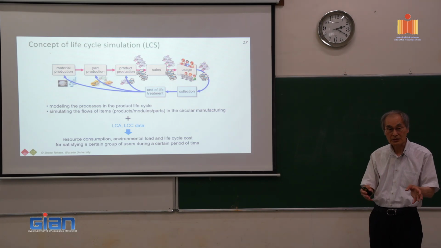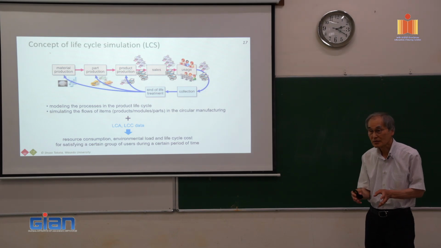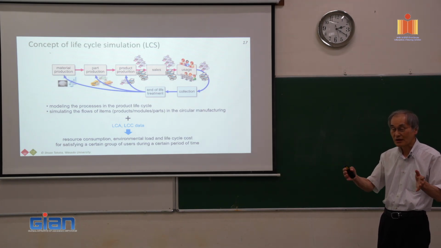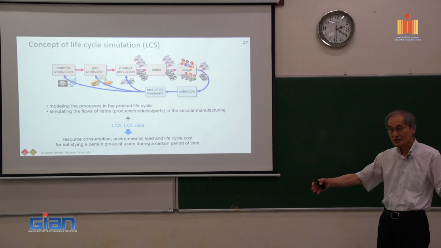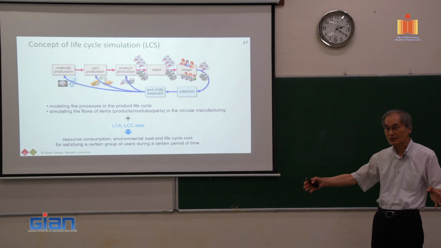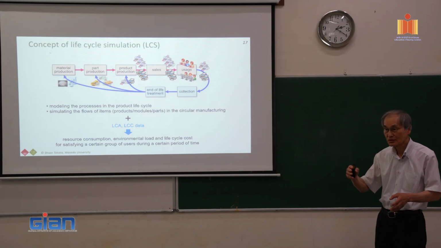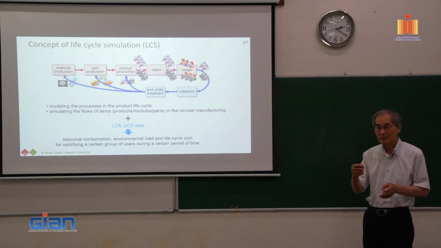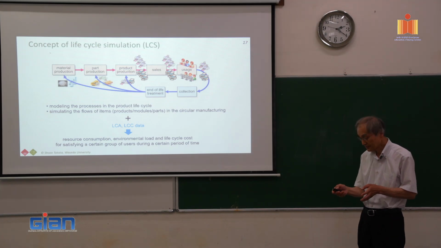The time should not be 1 or 2 years, because products are usually used for, for example in the case of home appliances, 10 years, or 5 years. That period should be looked at to evaluate whether your reuse circulation system works well or not.